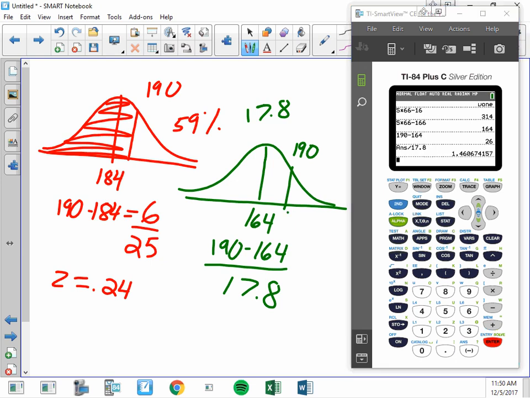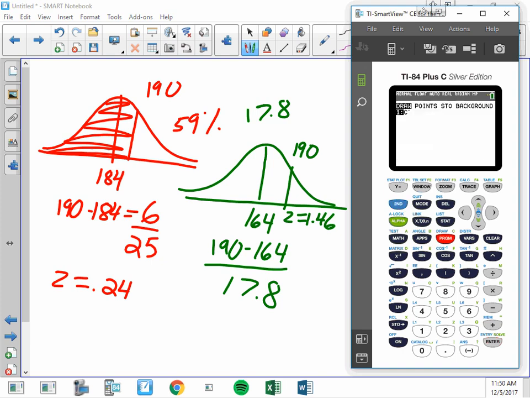So I end up with a z-score of 1.46. And now I just do the shade norm, and the left bound is already defined, 1.46. And we end up with, we were 59% before, and now we're 93%.